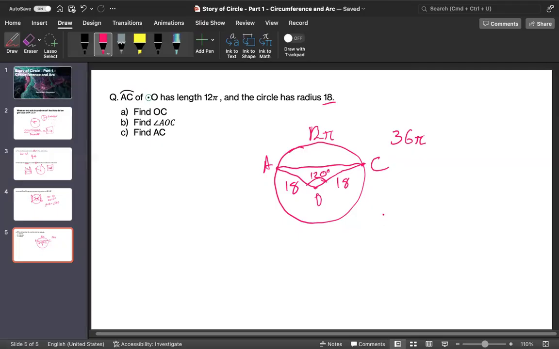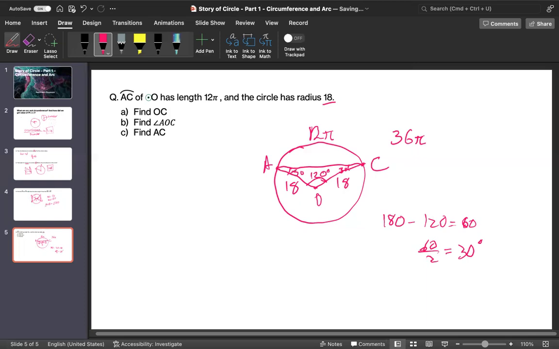So we're gonna do 180 minus 120, which is 60, and 60 divided by 2 is 30. So each of these would be 30 degrees. Okay.